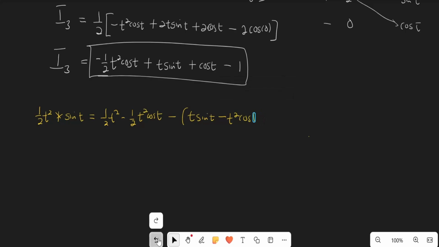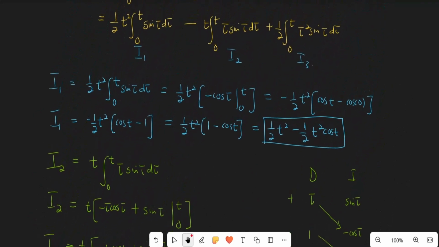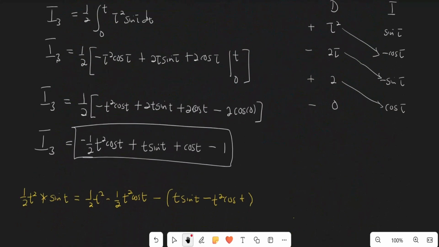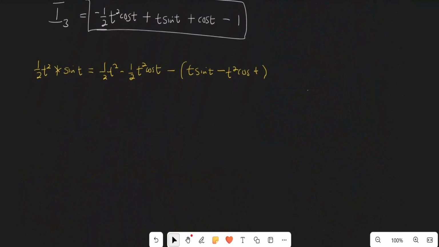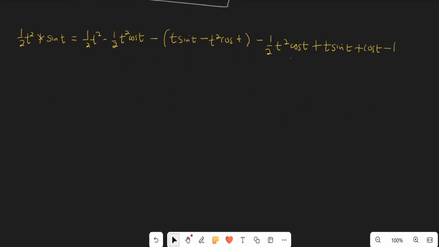And now the last one is going to be plus I3. So let's write I3, and this is going to be minus 1/2 t squared minus 1/2 t squared cosine of t plus t times sine of t plus cosine of t minus 1. So this is what we have.